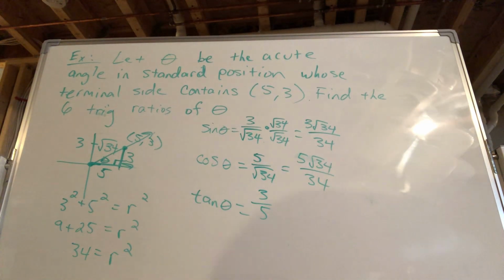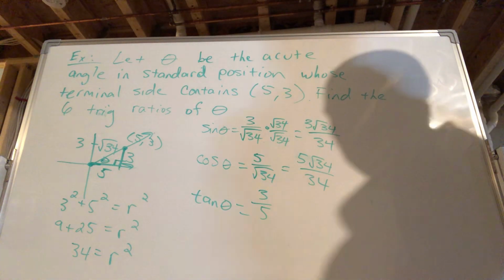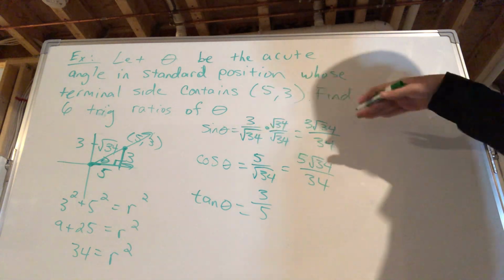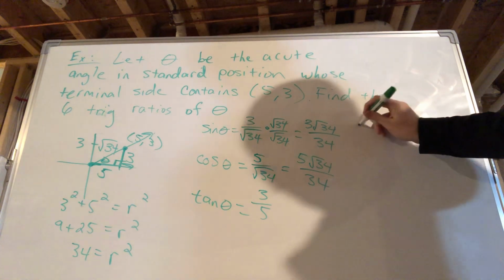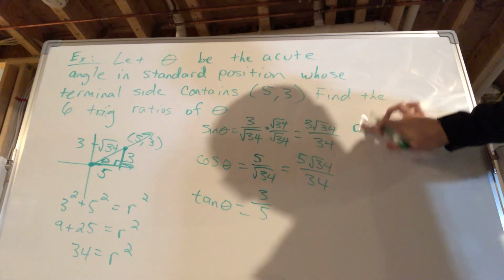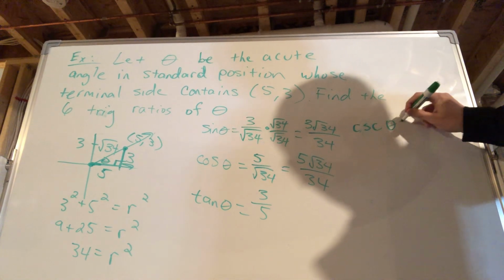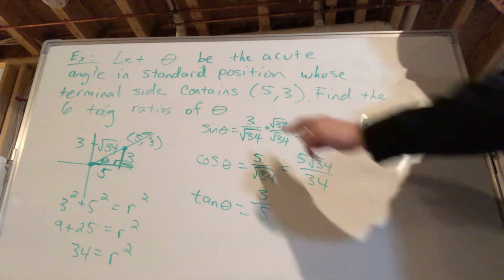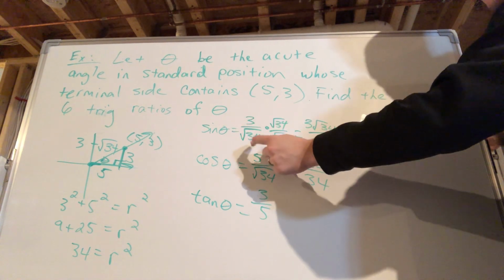Okay, let me try to write in the other 3. What's the reciprocal of sine? Remember, there's one co to go with each reciprocal pair. So sine would be cosecant. Let me make sure I write the abbreviation correctly. Cosecant of theta. Now, with cosecant, all you got to do is flip sine, so the reciprocal of it. I would actually start with what we had originally. This will make it a lot easier. So 3 divided by the square root of 34.